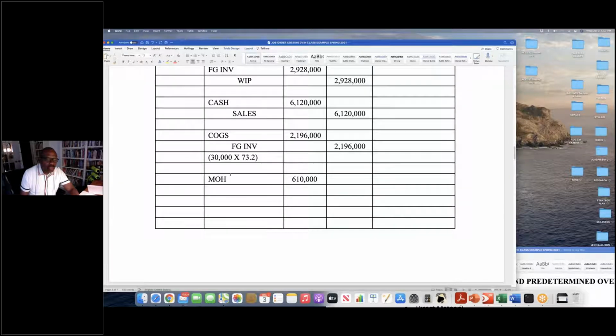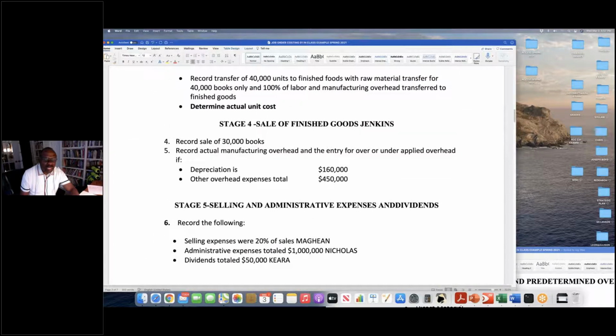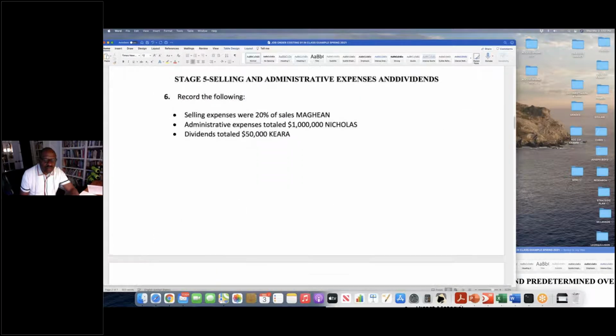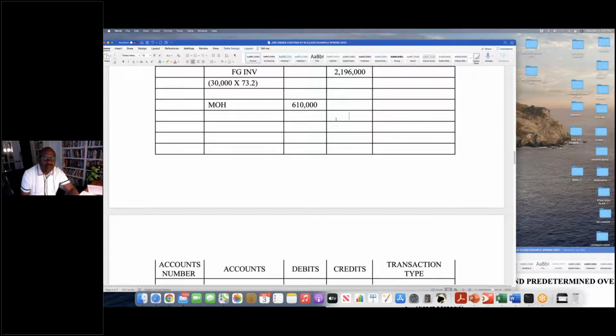And what we're going to do here is credit accumulated depreciation with 160, and cash for 450.